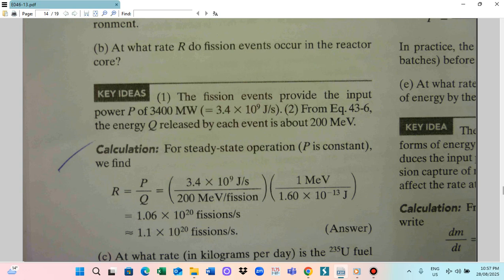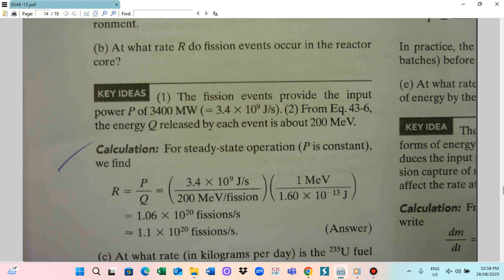The power is 3,400 megawatts, which is 3.4 times 10 to the power 9 joules per second, divided by the energy per fission, which is 200 mega electron volts per fission. 1 mega electron volt is equal to 1.6 times 10 to the power minus 13 joules.